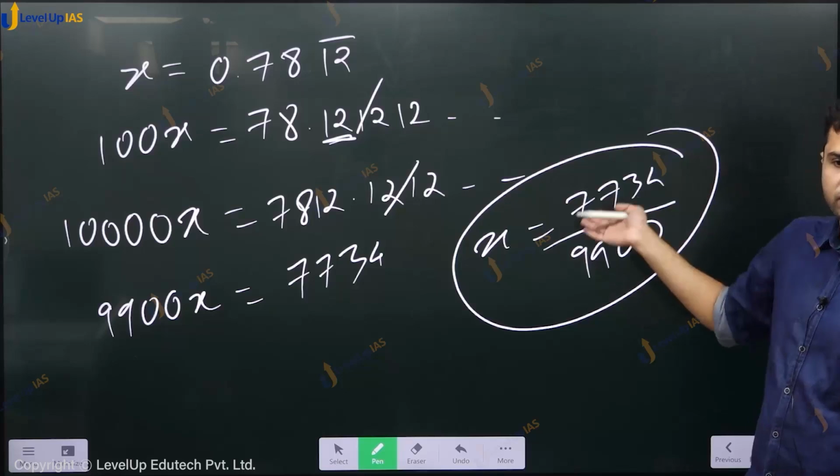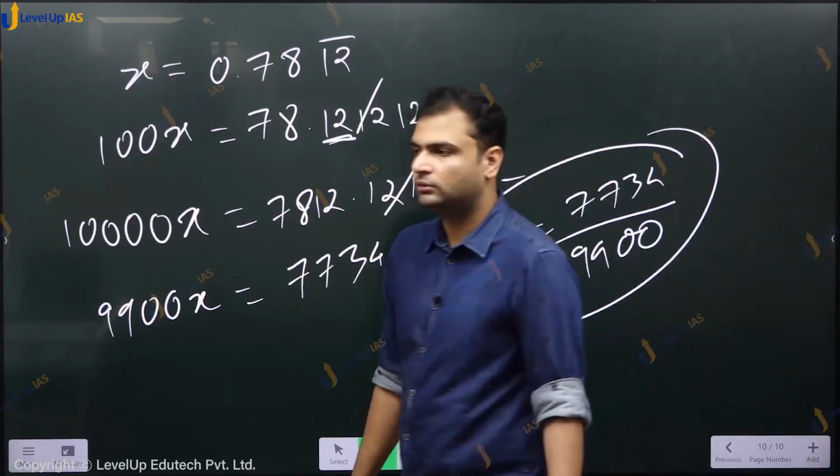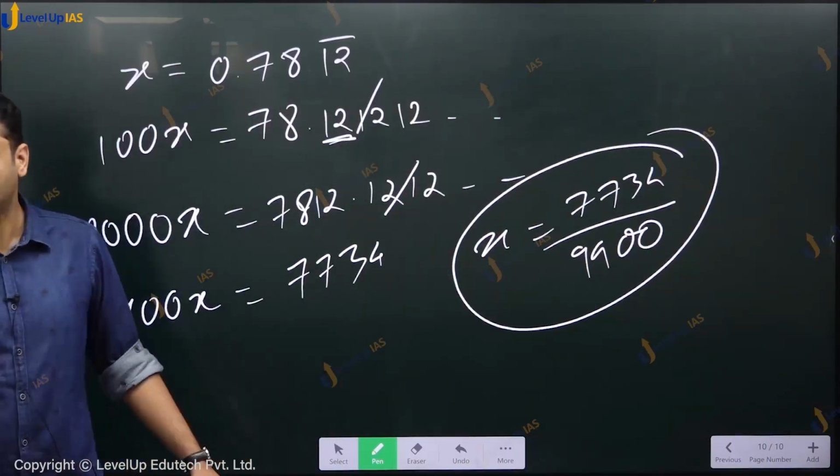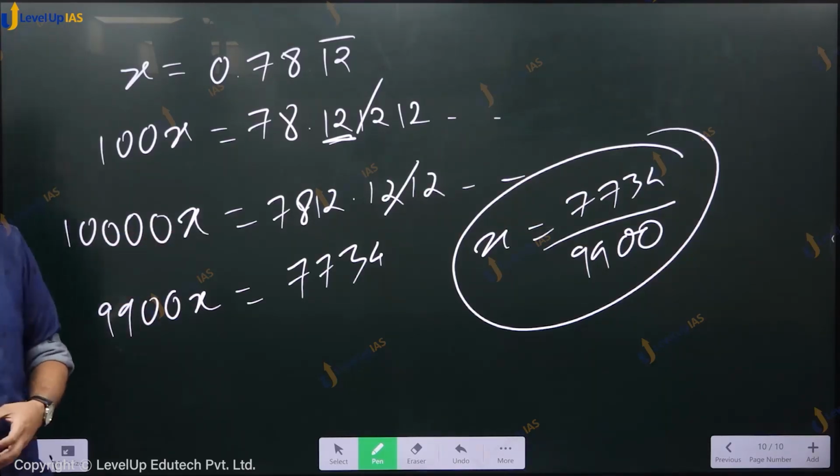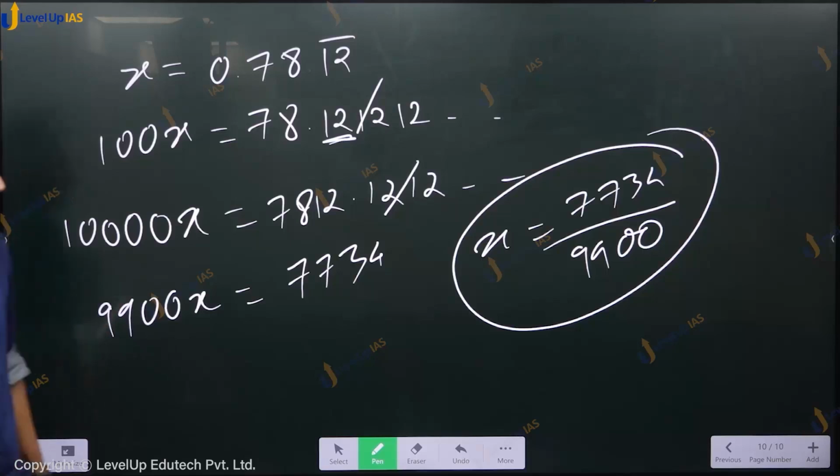It is visible that both are divisible by 2, so you can divide numerator and denominator by 2, and you can check which other numbers it is divisible by. It is divisible by 3 also, right?